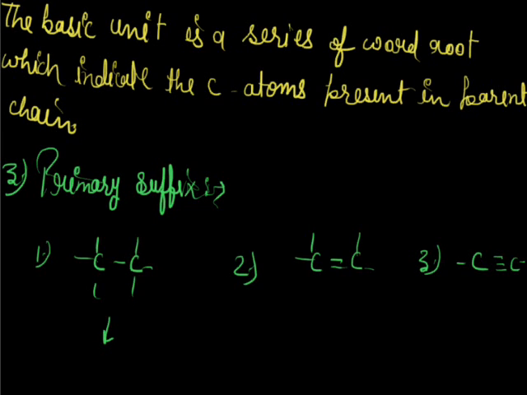When only single bonds are present in organic compound, then that type of organic compound is known as saturated organic compound. But if we talk about multiple bonds, meaning double bond and triple bond, when double bonds or triple bonds or both are present in organic compound, then that type of organic compound is known as unsaturated organic compound.